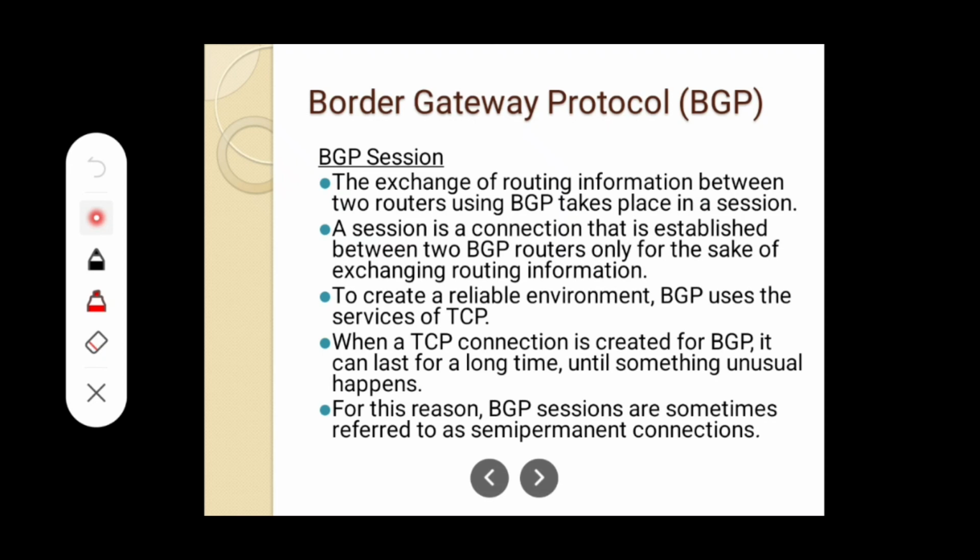Only after creating the session can the information be passed. So BGP takes place in a session. A session is a connection that is established between two BGP routers only for the sake of exchanging routing information. This is why the BGP session is used: for exchanging the routing information.